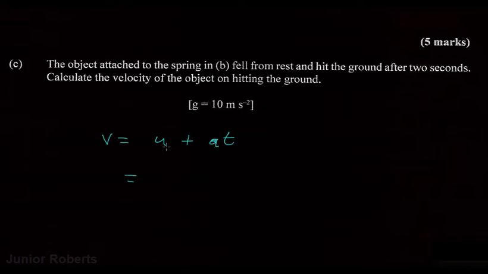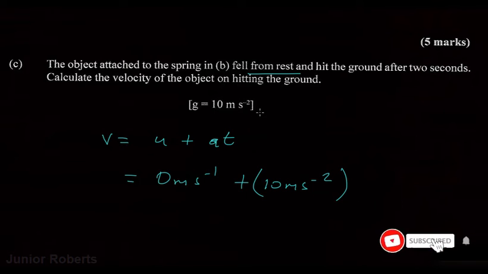U is 0 meters per second, because it fell from rest, plus the acceleration due to gravity, which is 10 meters per second squared, multiplied by the time the object took to fall, which is 2 seconds.